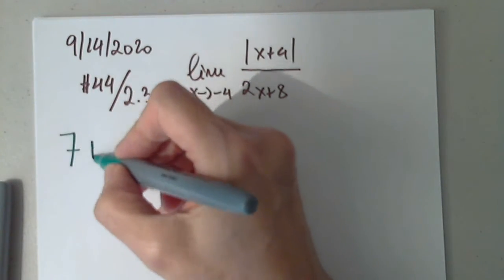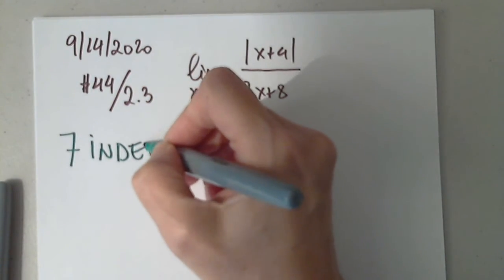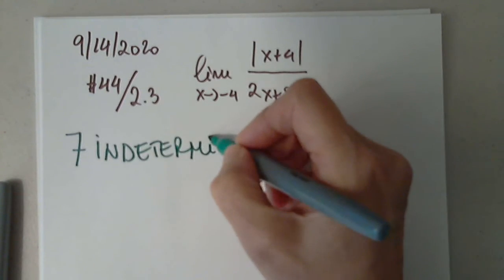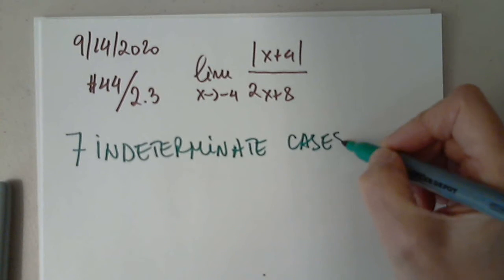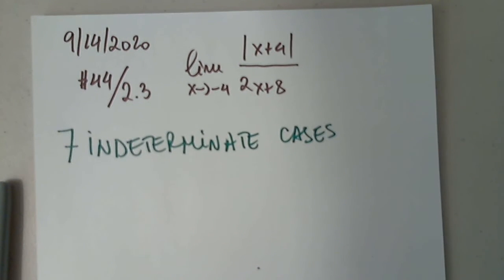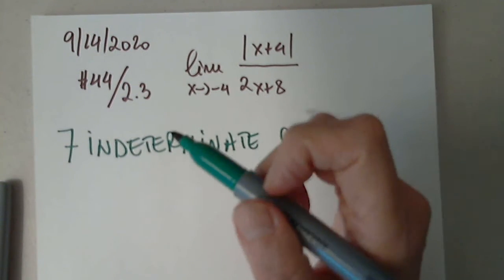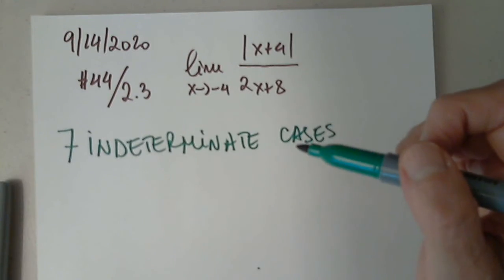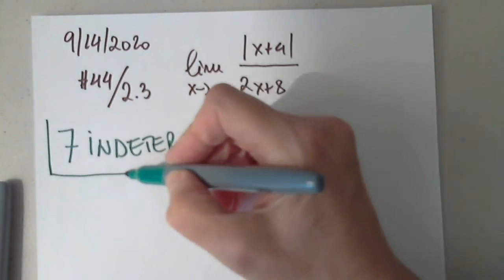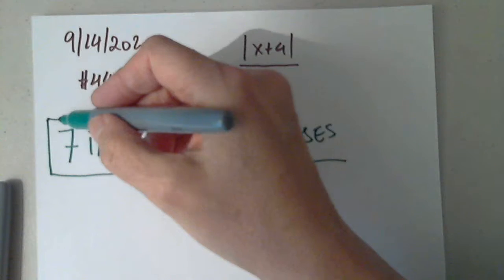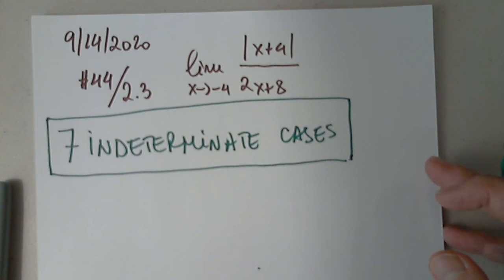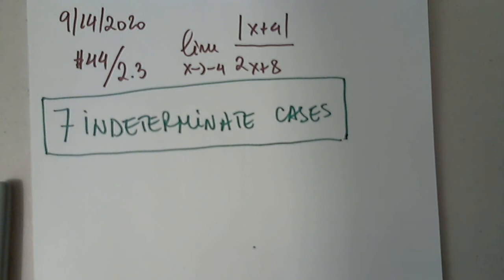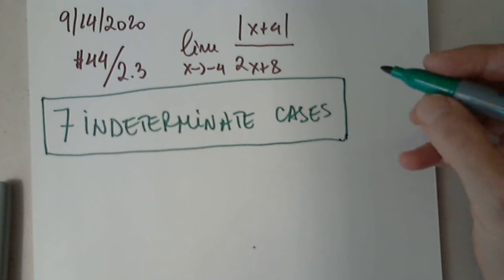There are 7 indeterminate cases. Notice that I did not say undefined cases. I said indeterminate cases. So we're going to add to this list throughout this semester, throughout the first 2 chapters, basically.